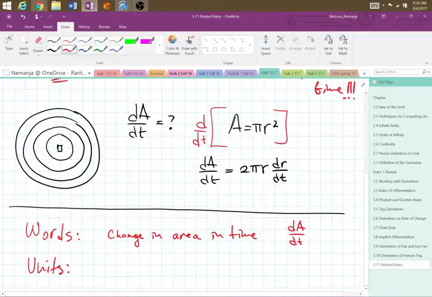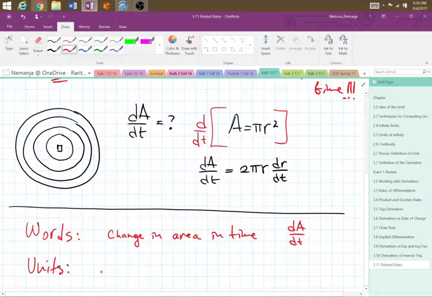So the words will say the change in volume, the change in size, the change in pressure, the change in whatever, change in price. Whatever it is, you are immediately compiling this derivative notation because that's what the change is. And it's always in time. I already put that in red above. So that's one way to recognize either the number that is given or what they are looking for in the problem. The other one is units.